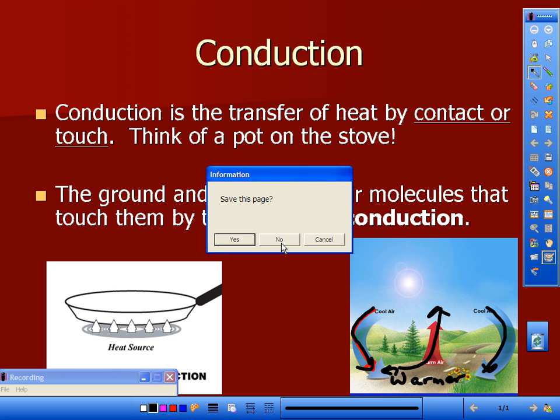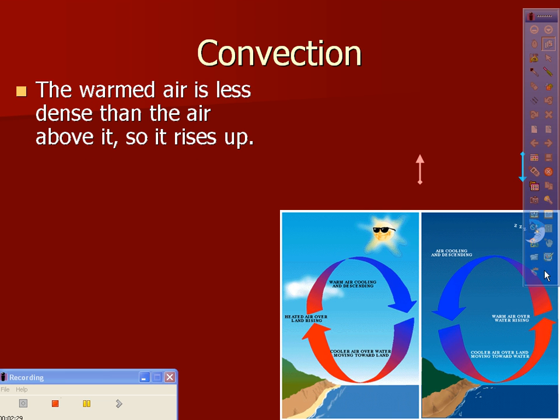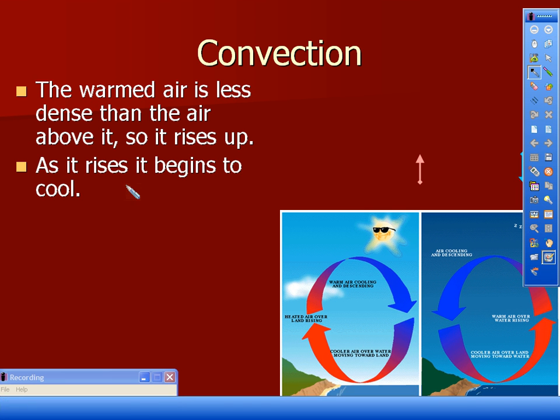So, as heat begins to rise, it does so because it's warmed. So the air rises up. And we already know, and this time we're going to write down officially, that as hot air goes up, it begins to cool.